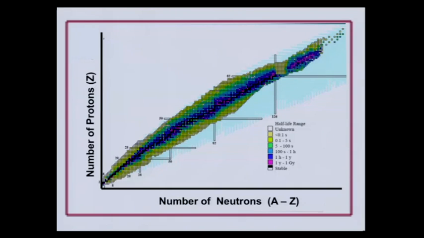The number of protons is represented by the vertical axis, and as we plot along, if we go to the 20 neutrons as compared to 20 protons, a ratio of 1 to 1, you'll find that intersect a black square. The black square on this chart of the nuclides represents those atoms that are stable.